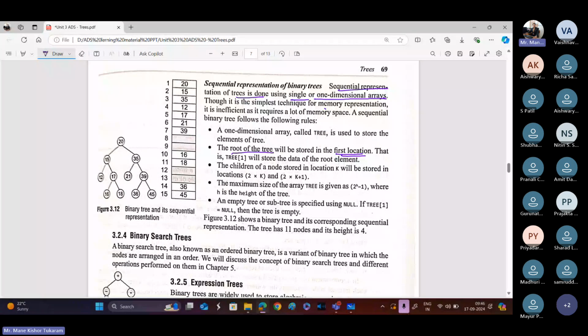So this is the formula which is used. So 20 is the root element, and it is stored at the first location. Then for the second, we use 2k, where k means whatever the location is. So the second location is the left node and this is the right node.